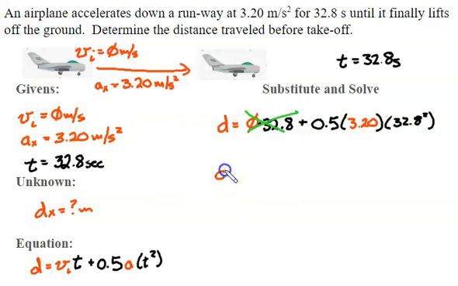leaving me with a displacement equal to 0.5 times, and I'm just going to write 3.20 again. And when I do the math for 32.8 squared, I get 688.